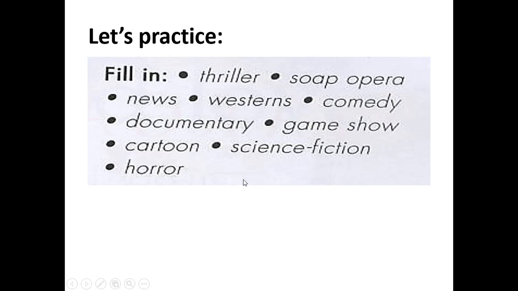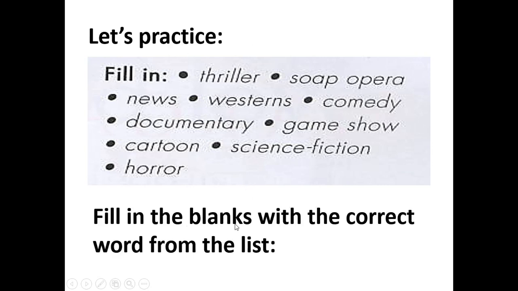So we are going to fill in the blanks with the correct word from the list. This is the list: thriller, soap opera, news, westerns, comedy, documentary, game show, cartoon, science fiction, and horror. And this is the exercise.